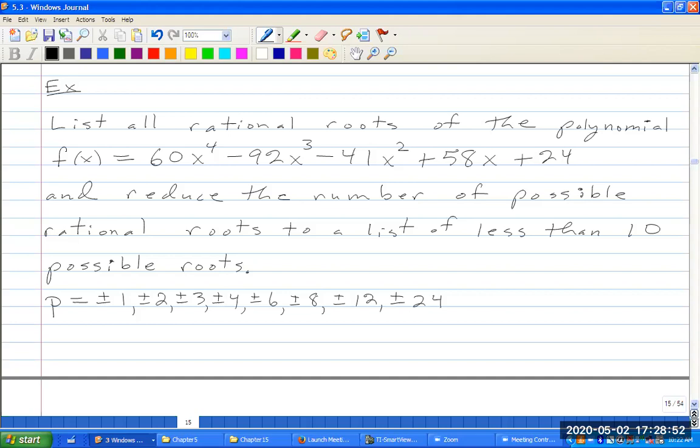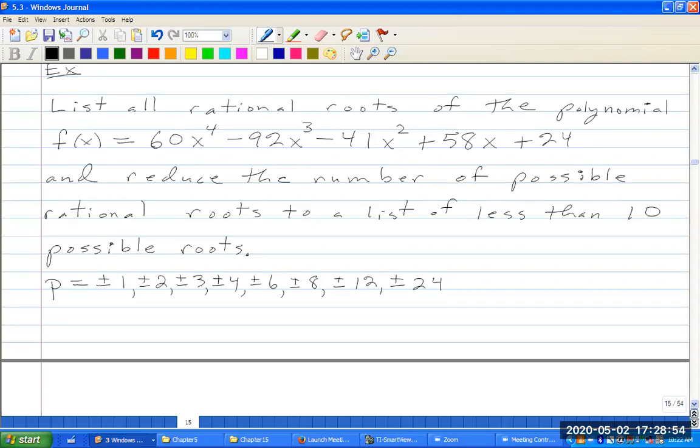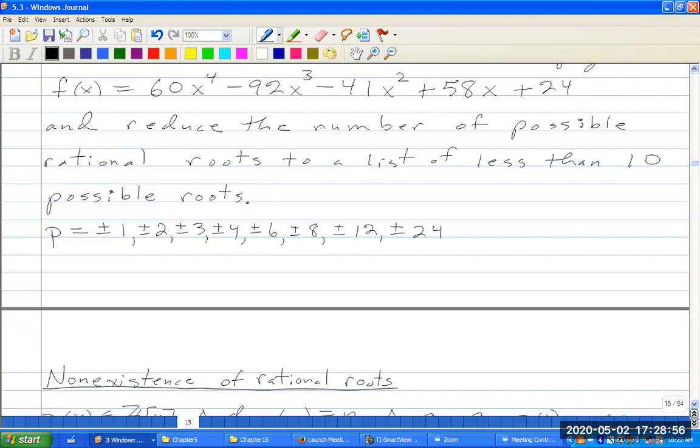Let's find the factors of 60. Ooh, 60 is infamous for having lots of factors. 60 is 1, 2, 3, 4, 5, 6.